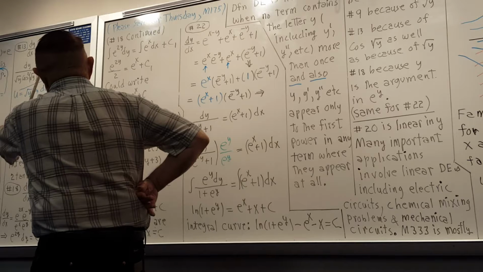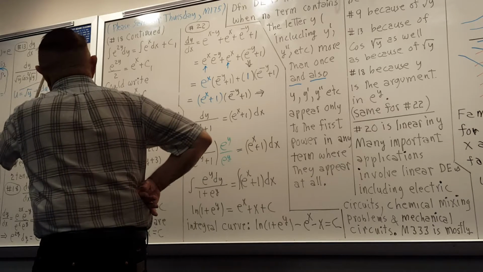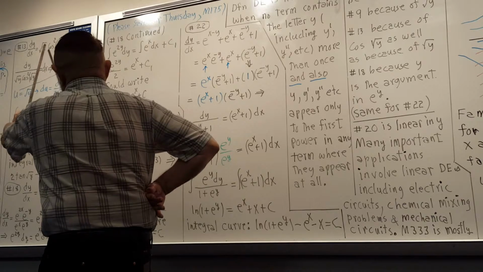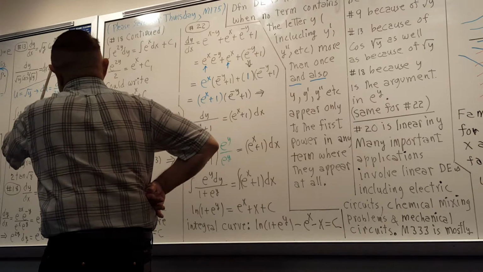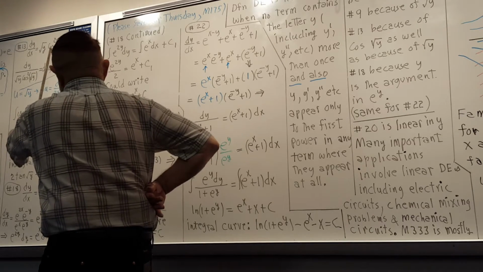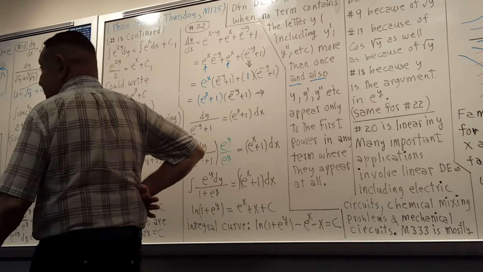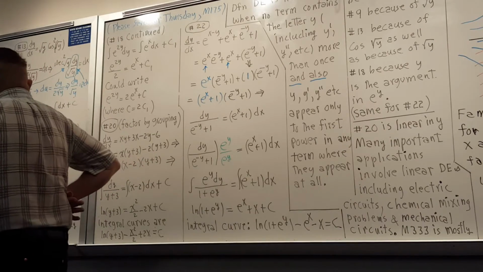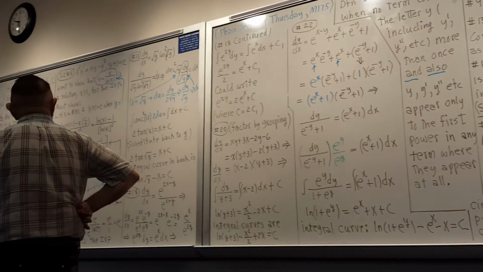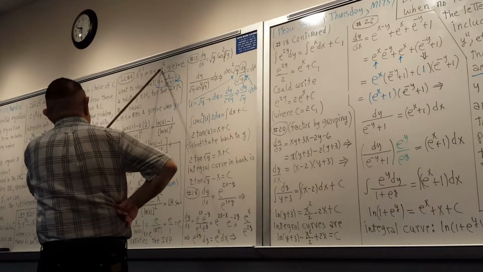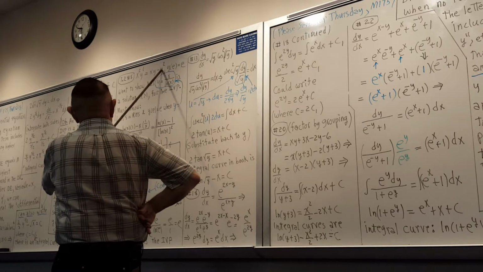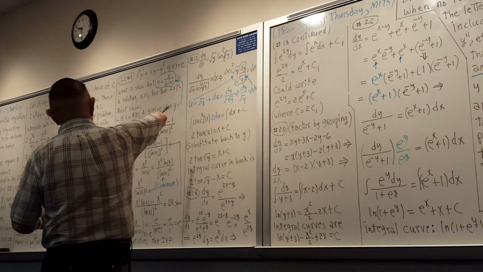Something like this is not linear because the y is not first power, and also it appears in the argument of another function. So there's 2 strikes against this one being linear. This one is not linear because the y is squared. See, it doesn't appear to the first power anytime you see it.